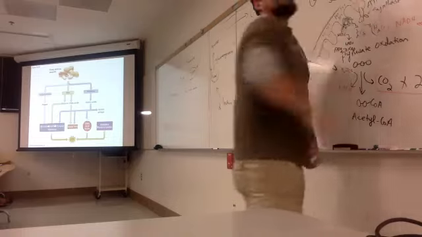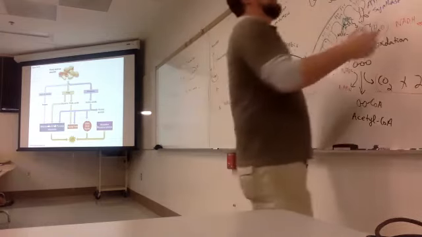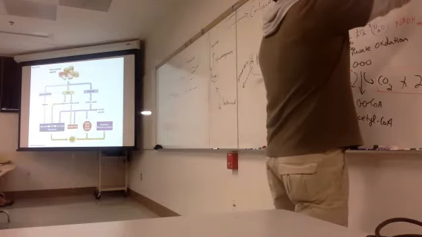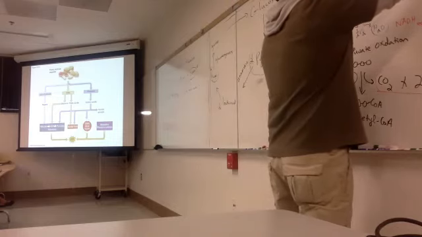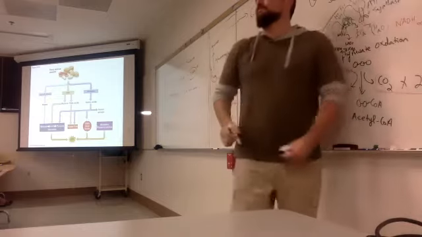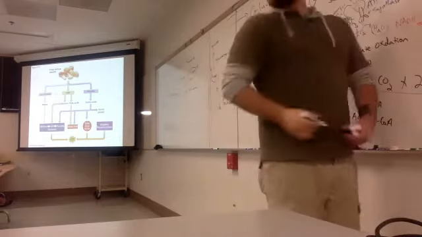It's really an acyl-CoA bound to carnitine, but we'll just call it fatty acid or fatty carnitine. All right, and that is then transported into the mitochondria, where it is converted to acetyl-CoA.